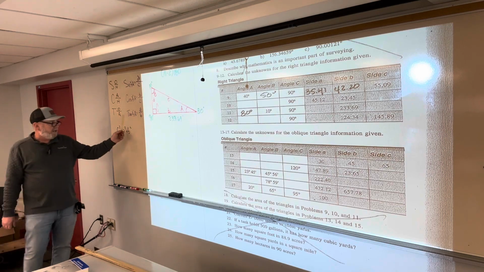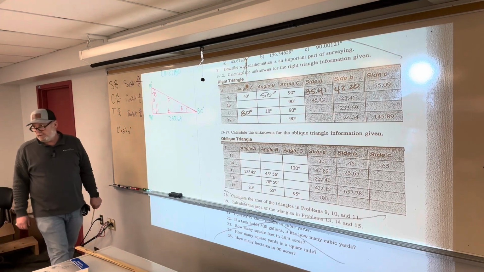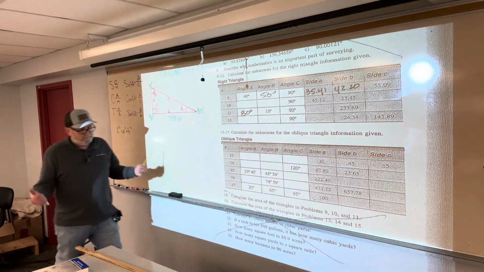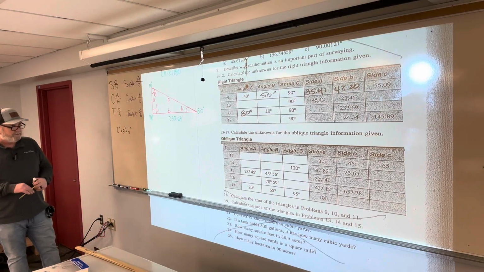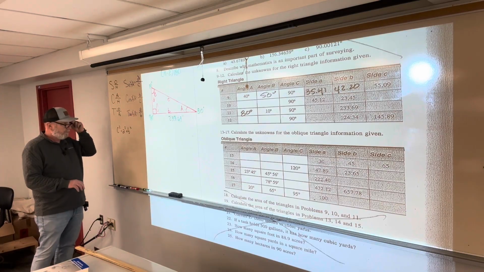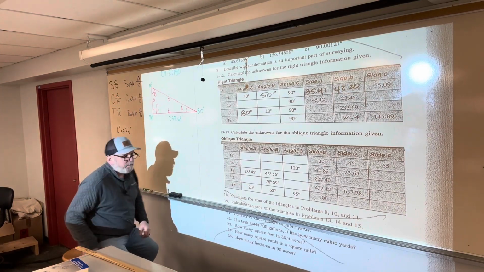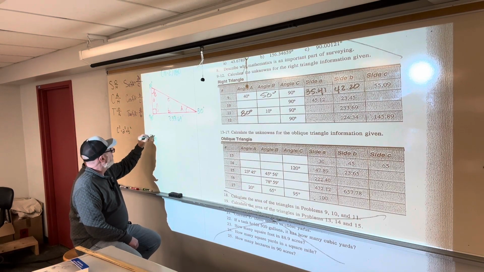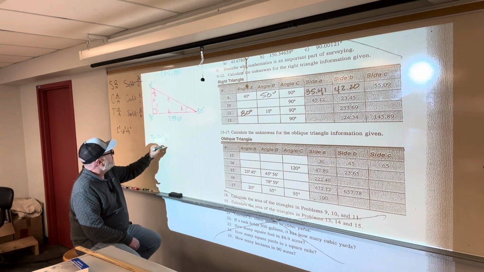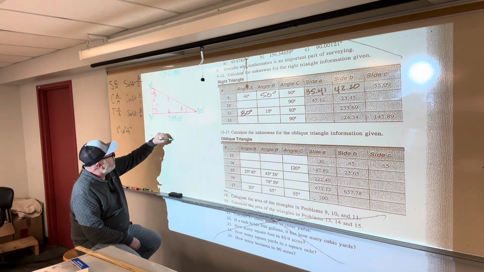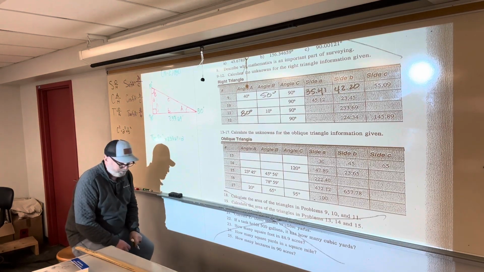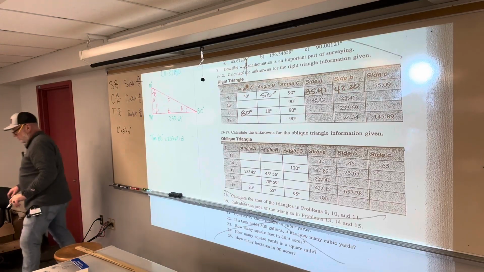I'm just going to go ahead and jump on the tangent here to find side A first. Plus, I'm looking at this, I like to work from left to right. It's kind of weird that way, I guess. So if I was going to write this out, I'm going to say the tangent of 80 degrees times 233.69 is going to equal side A, which is 1325.32.